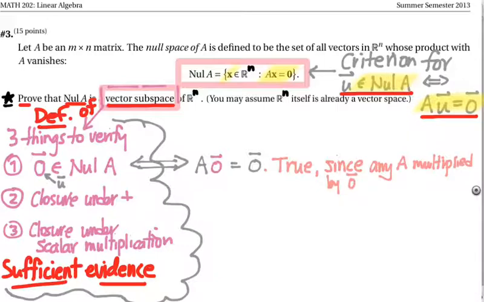One of the ways of understanding that is that to multiply a matrix by the 0 vector is to take a linear combination of the columns of that matrix, but every coefficient of that linear combination is 0.